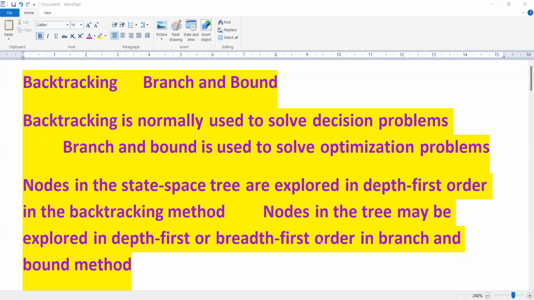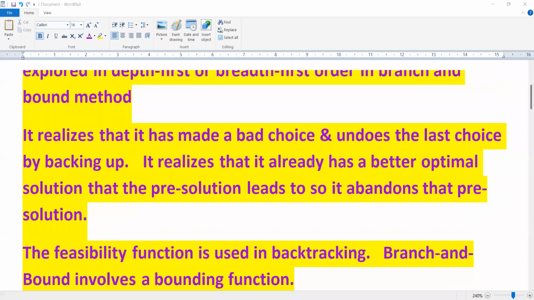In backtracking, nodes in the state space tree are explored in depth first order, and in branch and bound, nodes are explored in depth first order or breadth first order. Next difference.